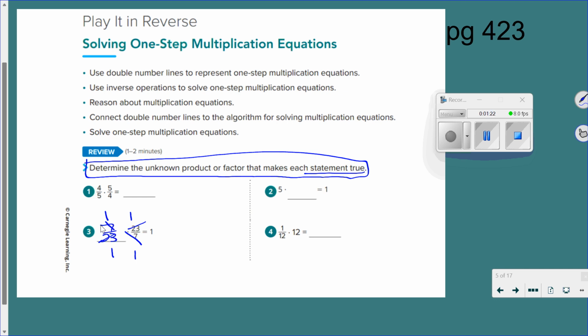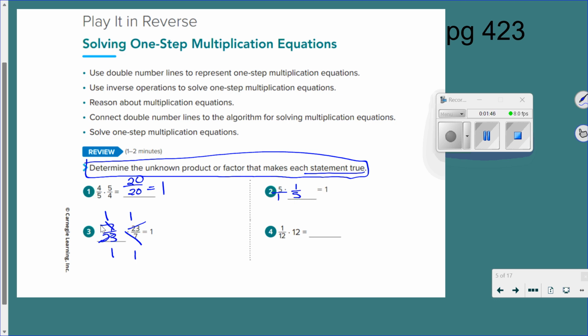So on number 1, I get 20/20, which equals 1. What would I multiply number 2 by to get 1? 1/5, because right now as a fraction, this is 5/1. And I know if I multiply by the reciprocal, I get 1. Yes? You're going to need to remember this later in the lesson.